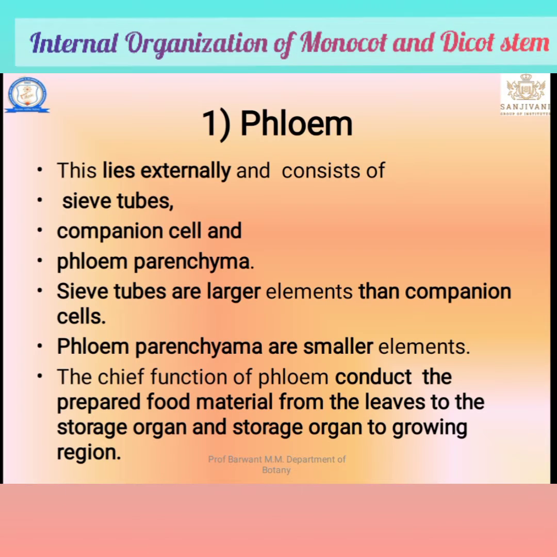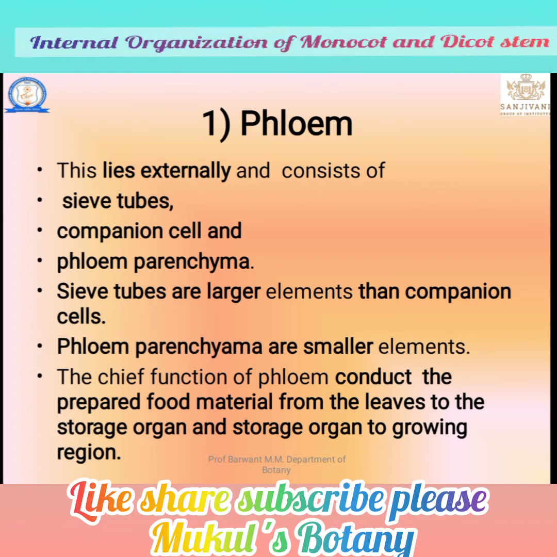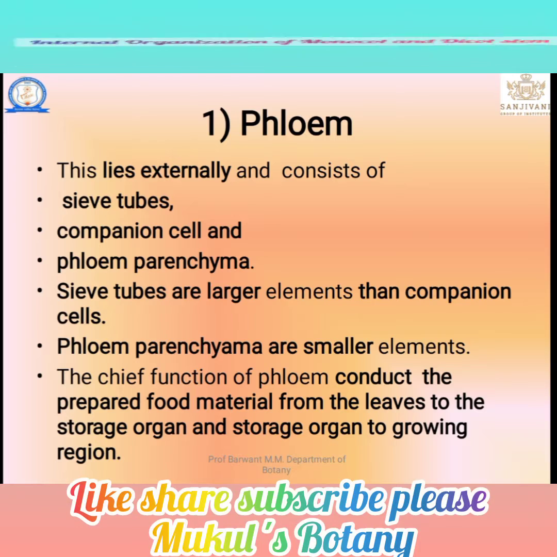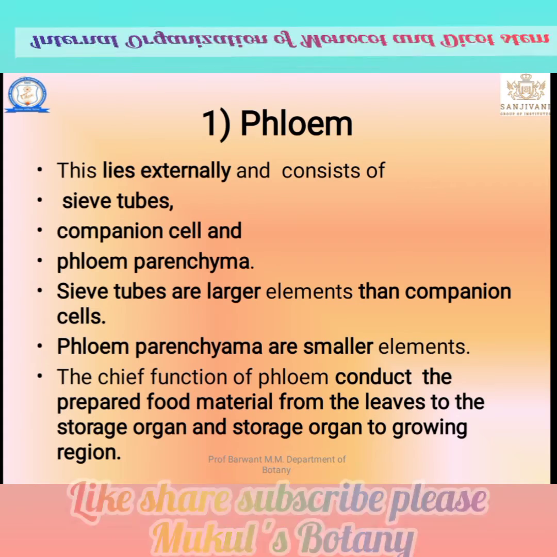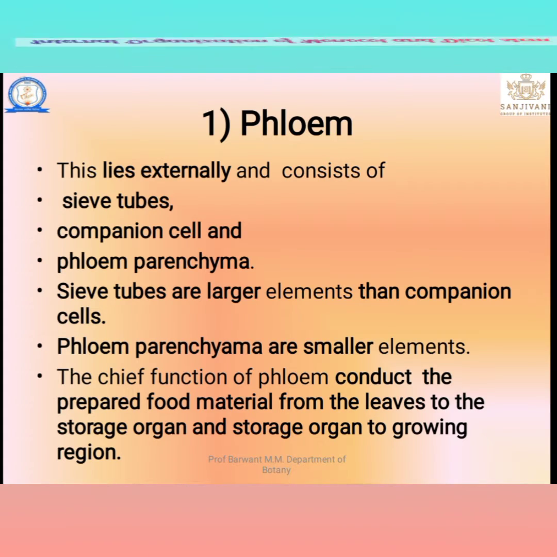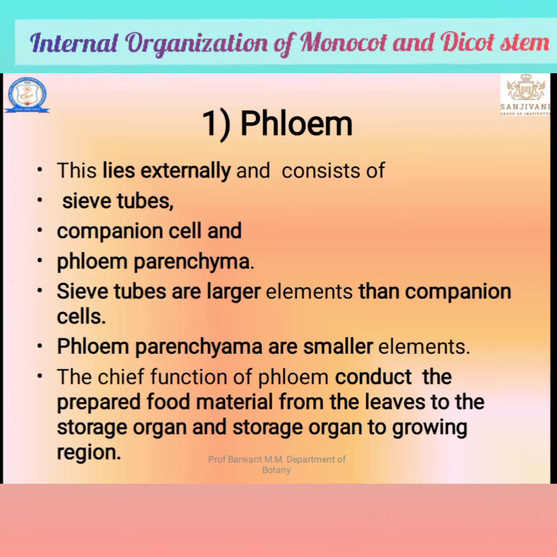The phloem lies externally and consists of sieve tube, companion cell, and phloem parenchyma. Those three elements: first, sieve tube, companion cell, and phloem parenchyma. The sieve tube is a larger element than the companion cell. Phloem parenchyma are smaller elements.